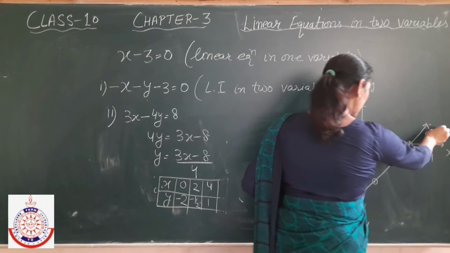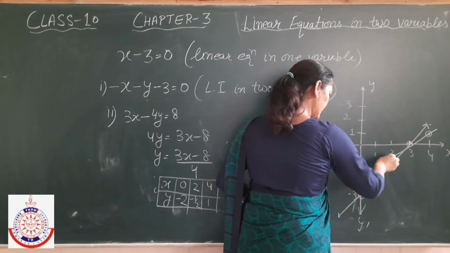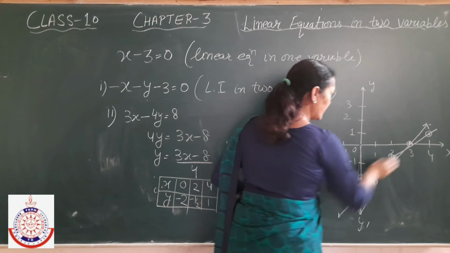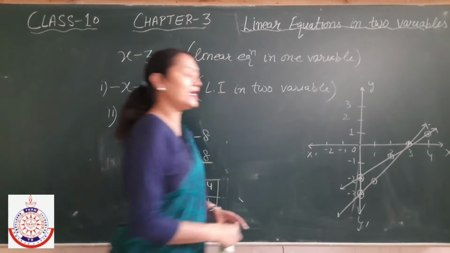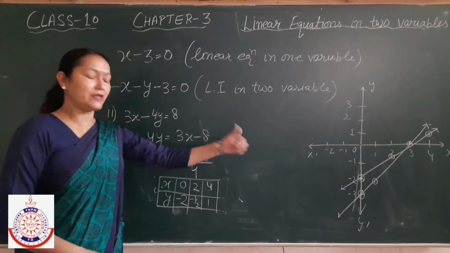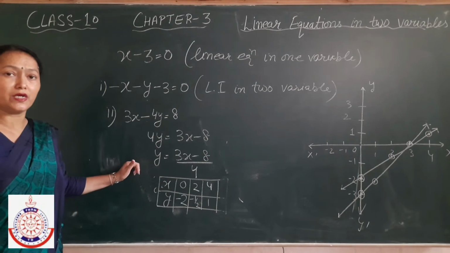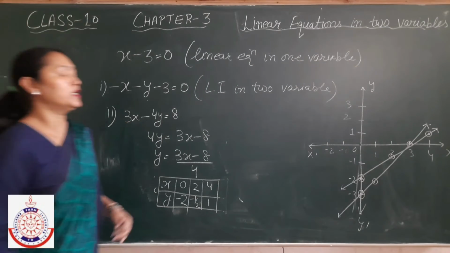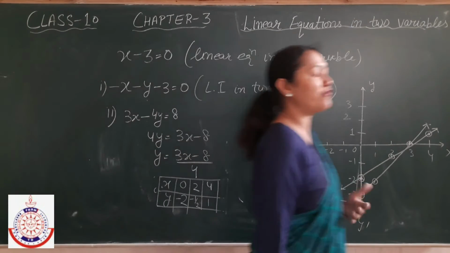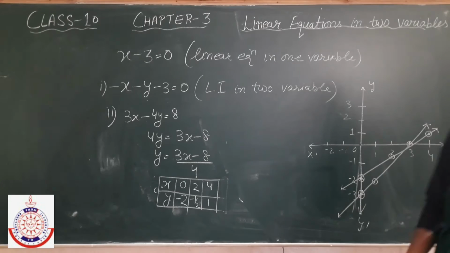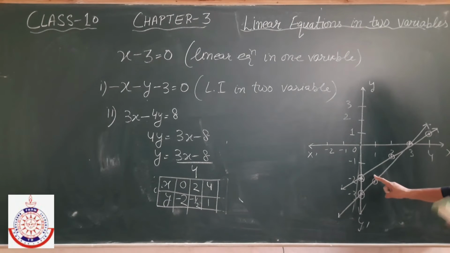Now if I join these points, I'll get one more straight line, that is for second equation. Now as you can see, graph of both the equations is being drawn on same graph paper. Single graph, I have drawn two equations. Here I have got this point as intersection point of these two lines.